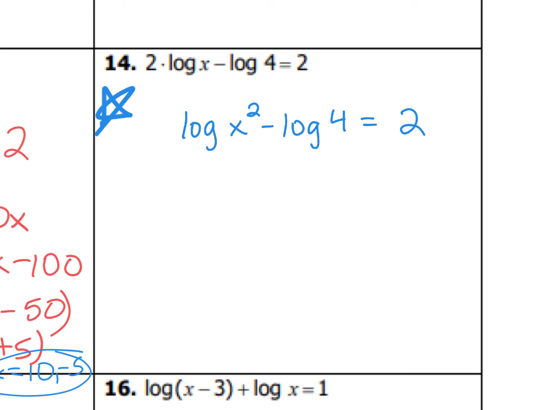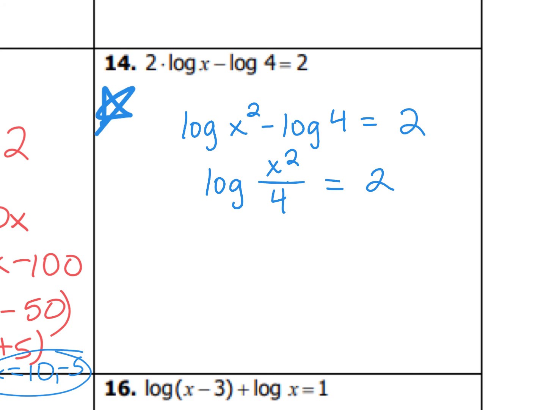Now I look. Do I have one log on the one side? No, I need to have 1. How do I condense that? Division, right? Quotient. Good. So I divide. What goes on top? Over 4 equals still the 2. Now is this in a form that I can deal with? Yeah. What is the base on this one?